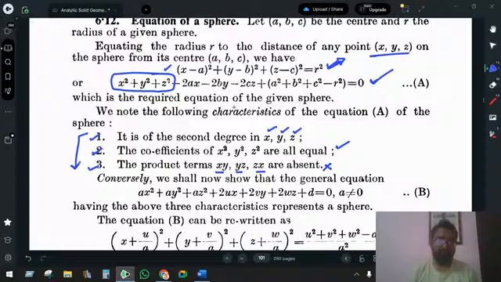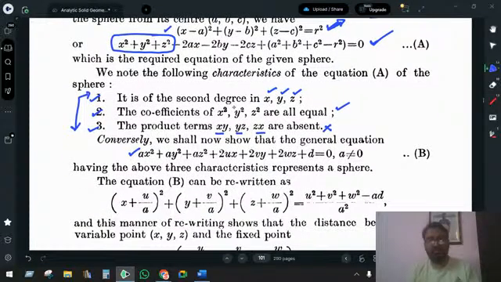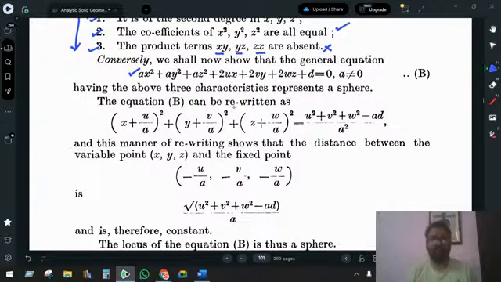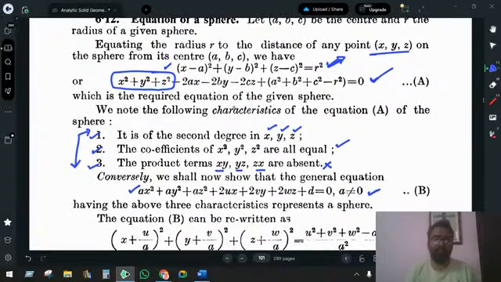Okay, and conversely, we will now show that the general equation is of this form. Simply you can expand the form and you will get the answer. For example, if this is a general equation, how can we get the previous form? Here, (x minus a) whole square, you expanded and got this case.